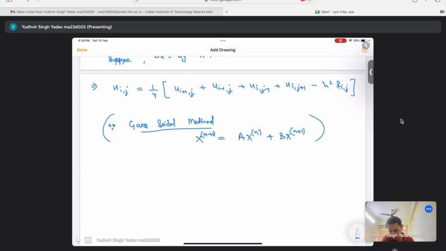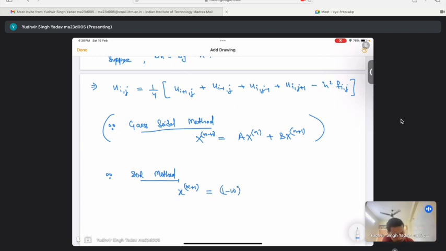And also since the SOR method is, let's say, x to the power k plus 1. The k plus 1 is not a power, it is a level that we are representing.